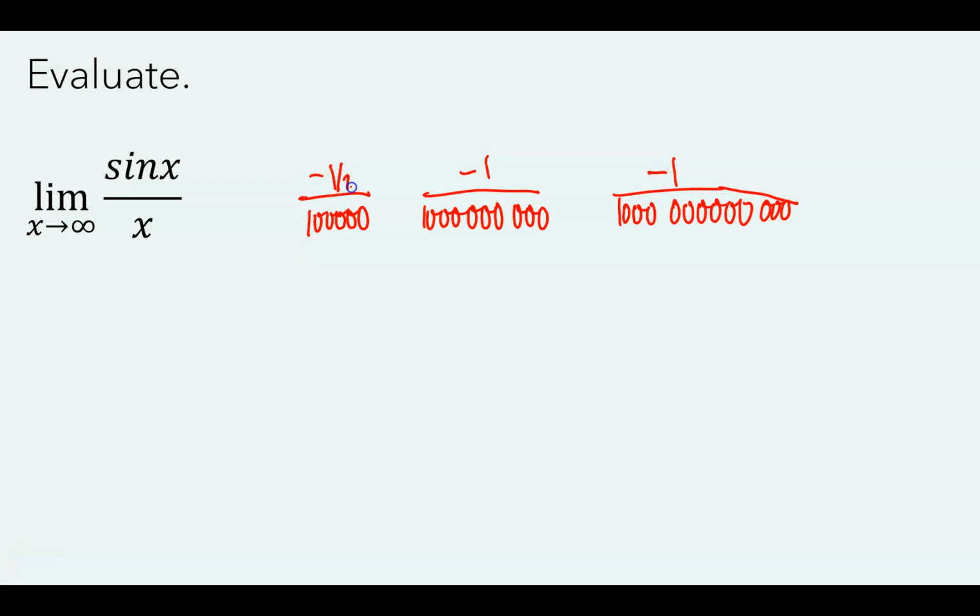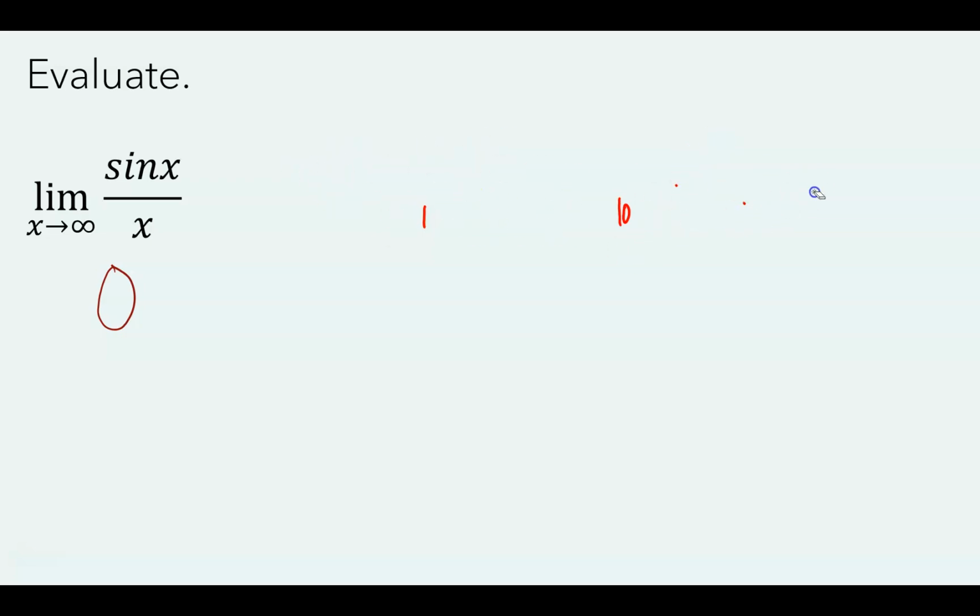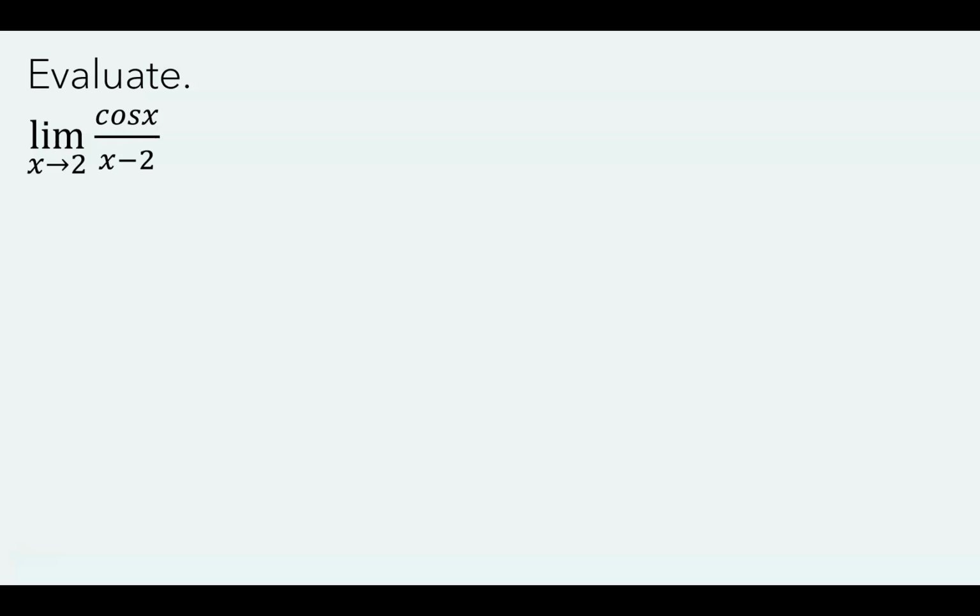It could also be like negative 1/2 or negative 1/8 or like negative root 2 over 2 or something like that. And so we can think, well, no matter what, that numerator is going to be negative 1 to 1 inclusive, somewhere in there, and that denominator just keeps growing. So we'll just write a limit of 0 and keep the rest of that junk in our head.